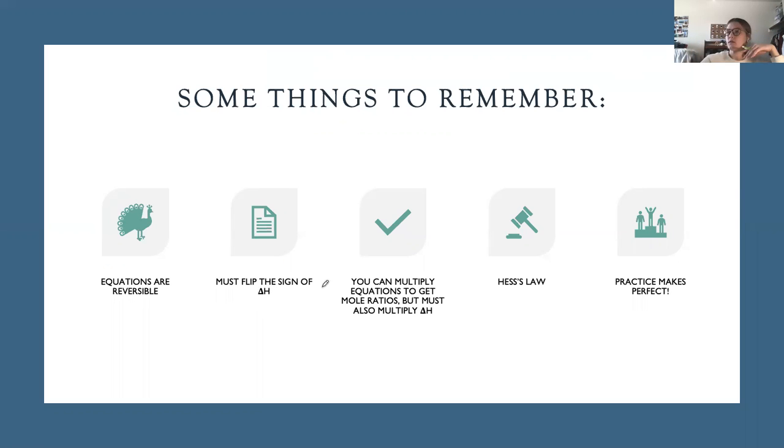You can multiply equations to get mole ratios, but you also have to multiply the delta H. If you're doubling the mole ratios of an equation, double delta H. Remember Hess's law, that formula we talked about earlier, and practice makes perfect. Going through different questions, thinking them through, and talking about them out loud can all help you.